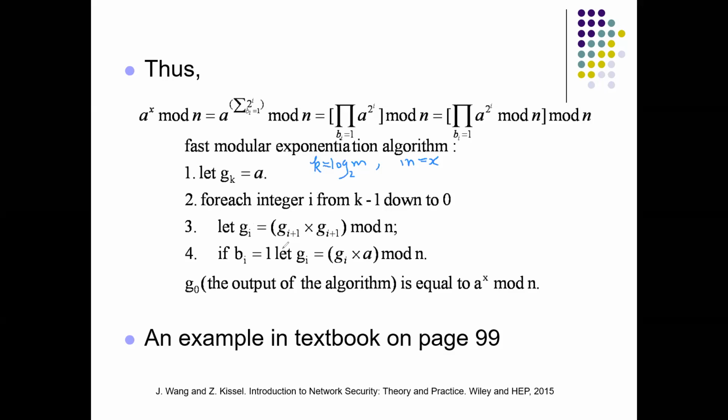And then we check: this part will always just be the case when the exponent is a power of 2. But when we cross a term, that means when b_i is equal to 1, then we have to multiply g_i with a and mod n. And then g_0 would be the result.